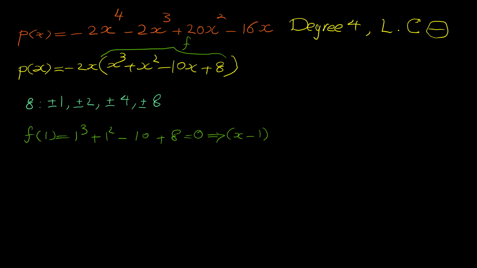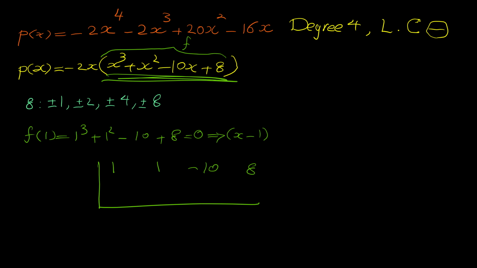Now that we know one of the factors of x to the 3 plus x to the 2 minus 10x plus 8, we use synthetic division and we divide this by x minus 1 to find other factors. If you remember synthetic division, we draw something like this. 1, 1, negative 10, 8 are the coefficients of this polynomial that we write down here.